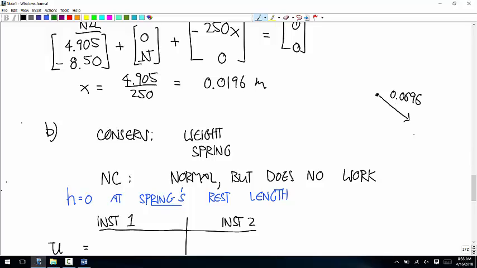And we want to break that up into a vertical part and a horizontal part. This angle is 30 degrees. And so the change in height is going to be 0.0696 times the sine of 30.